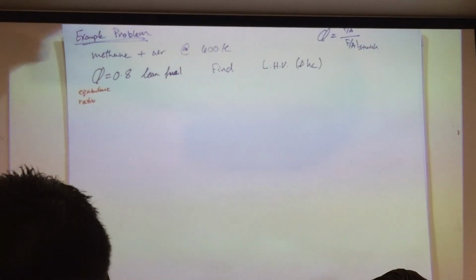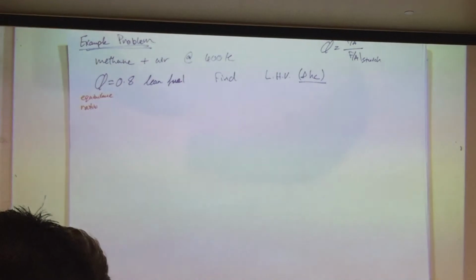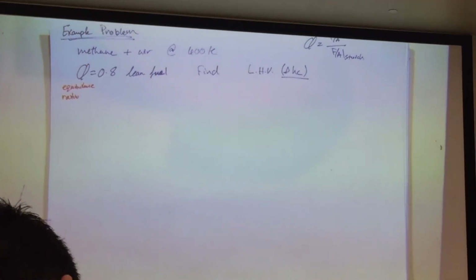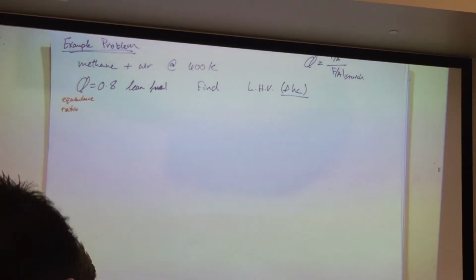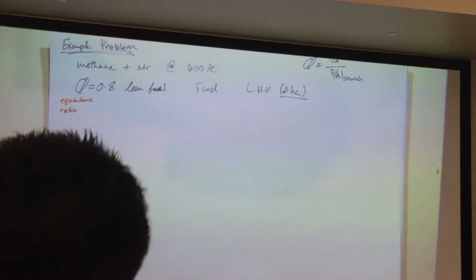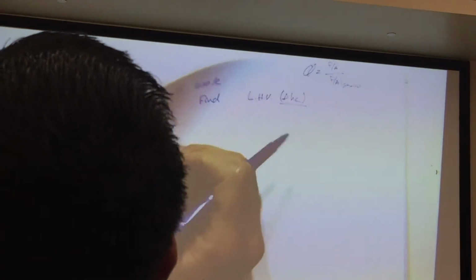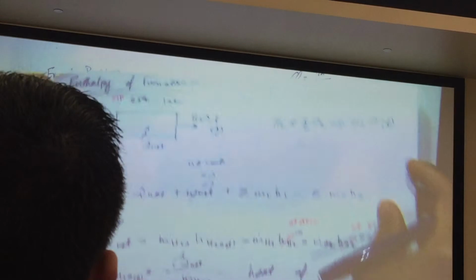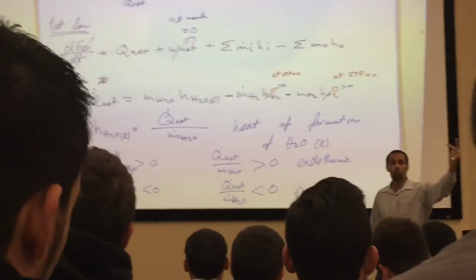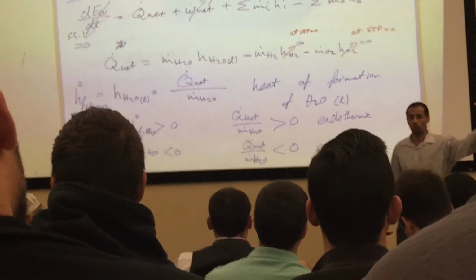All right, well, you're already familiar with it. So lower heating value versus higher heating value. The difference between them is the formation of water. So remember this problem. Let me just interrupt that thought process for a second. Right here. Hydrogen and oxygen reaction, right? I got H2O. I could get H2O in 2 forms. I could get it in liquid form, or I can get it in gaseous form.